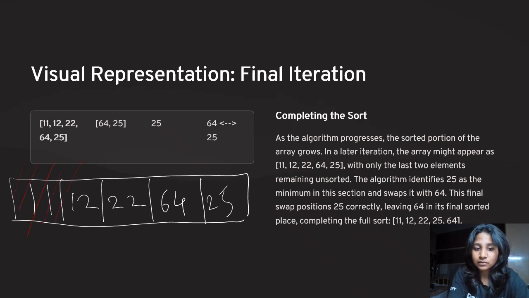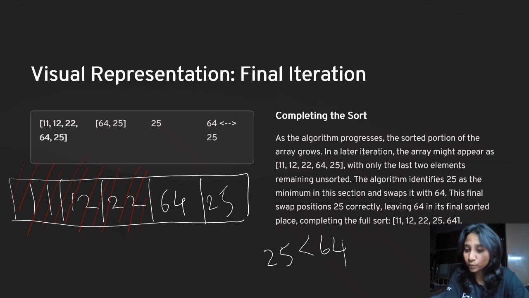Now 11 is done, 12 is done, 22 is also sorted. Now we have to compare. We're left with the last two elements. Which is the smaller element out of 64 and 25? Obviously 25 is lesser than 64. So what do we do now? Swap.